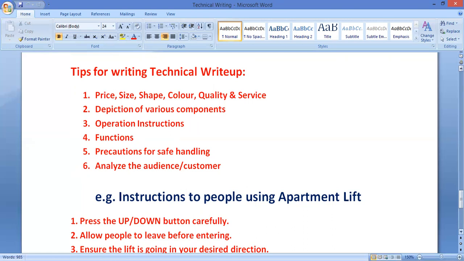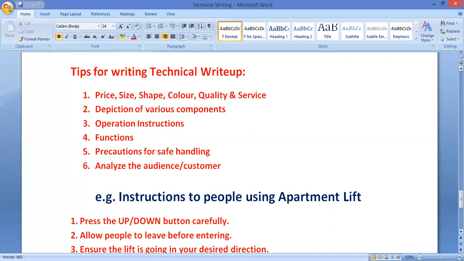Then functions. What are the functions? Write those functions in easy, understandable language. Then precautions for safe handling. See, not only functions and operation instructions are essential, but also precautions to keep the longevity of that particular technical product or device.